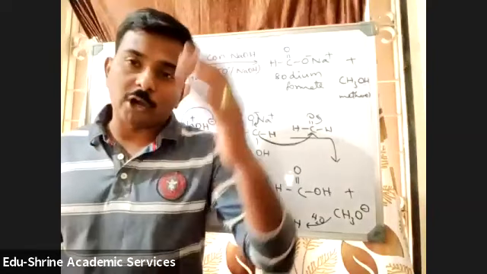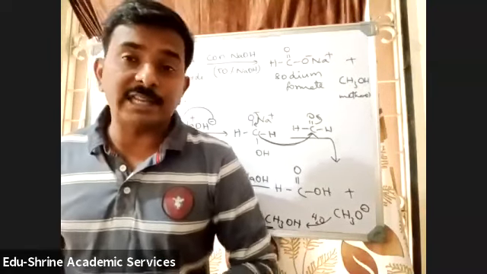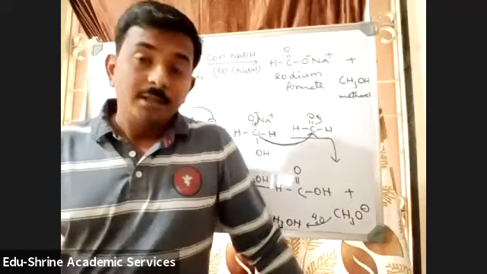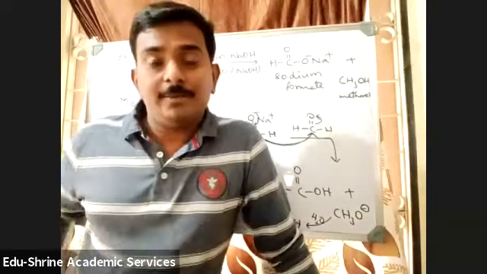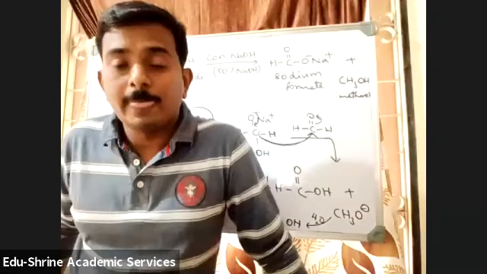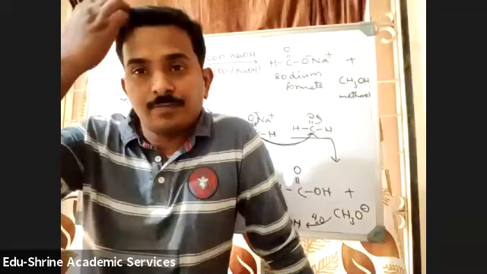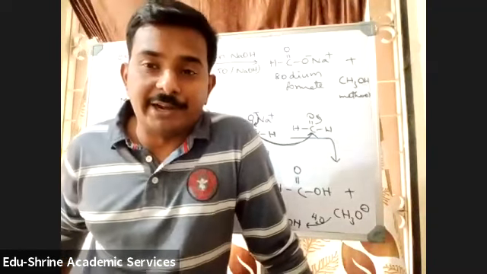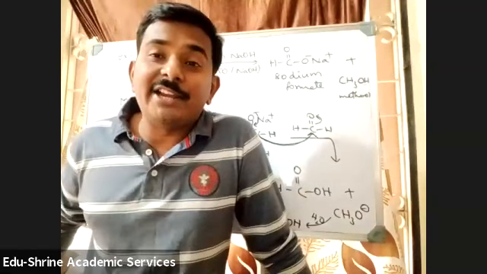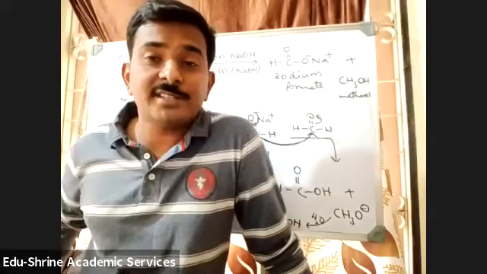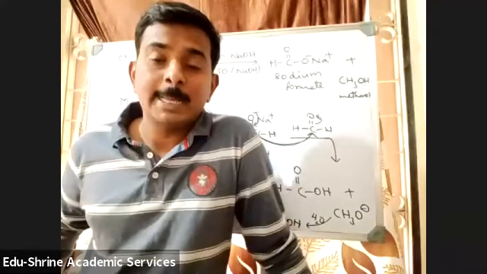So the answer will be Cannizzaro reaction. Can you tell me any other reaction where we have discussed the hydride transfer mechanism? Tell me, students. Can you tell me some reactions where? Yes, very good. Hydride shift we studied, no? Where we studied about hydride shift, students? During which process?